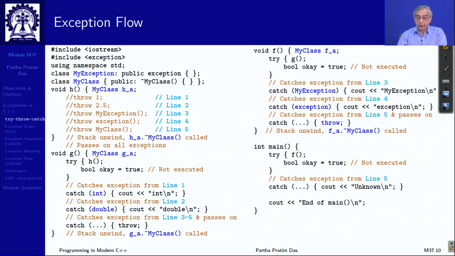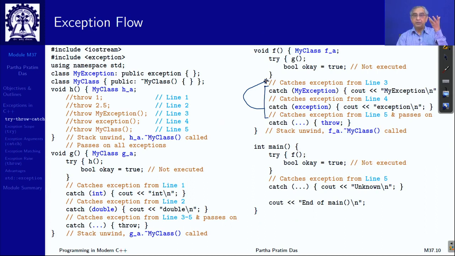A couple of points to note: if you consider the ordering of these two clauses, you must note that you cannot put this clause before the other one. That is, catch exception cannot come before catch my exception, because if it does, then when a my exception object is thrown, exception will always catch that by upcast, and my exception clause will never actually be reached.